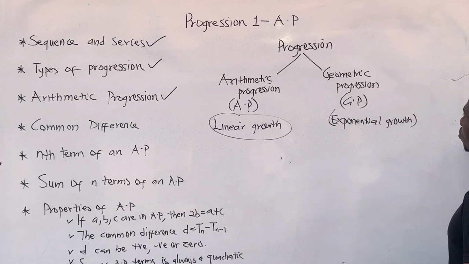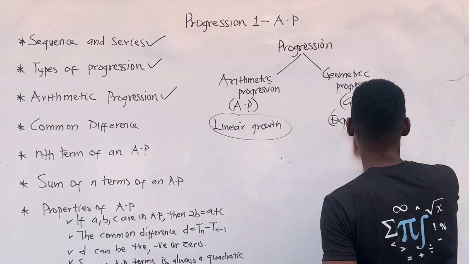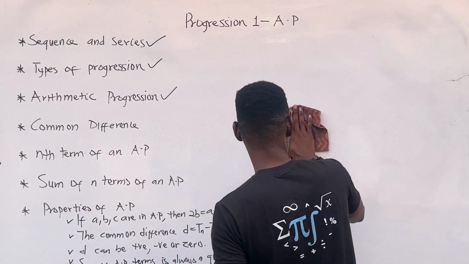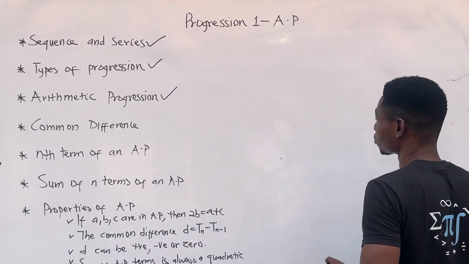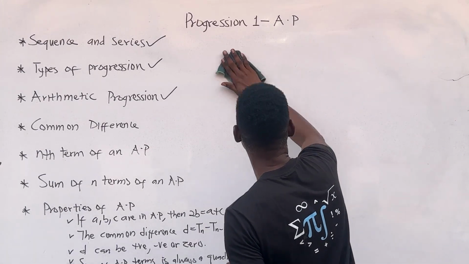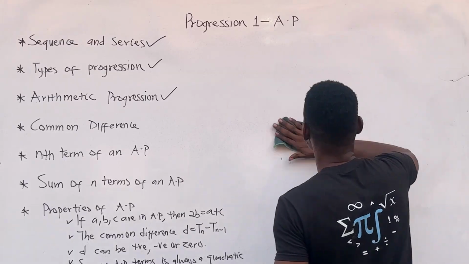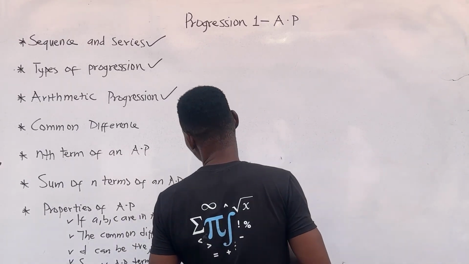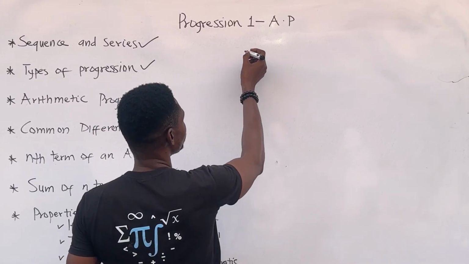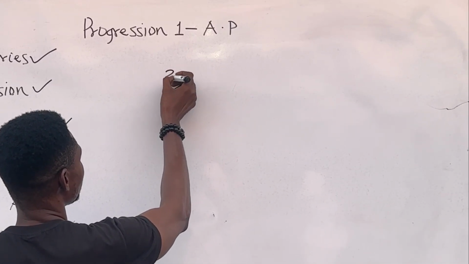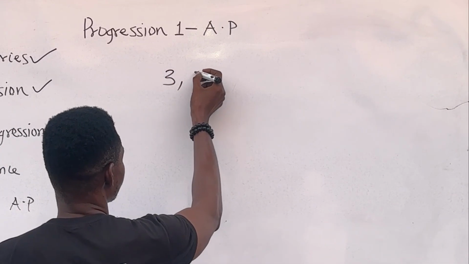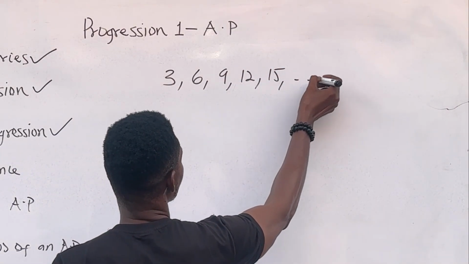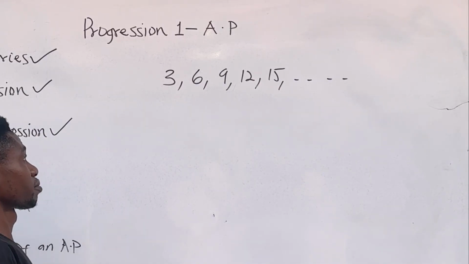So let's begin. The first question is, what is an arithmetic progression? Let's use a new example: 3, 6, 9, 12, 15, and so on.